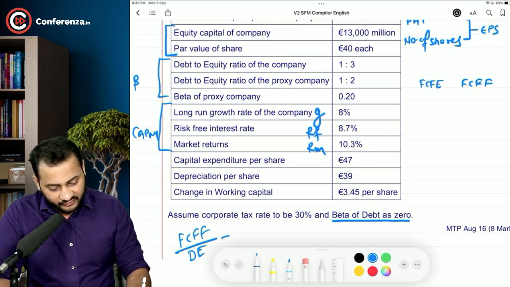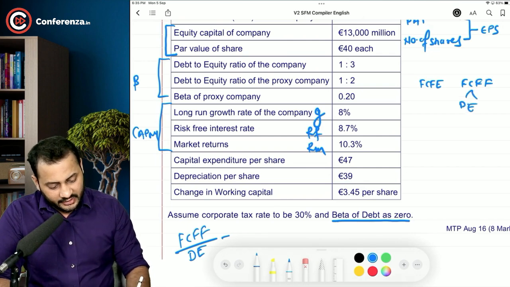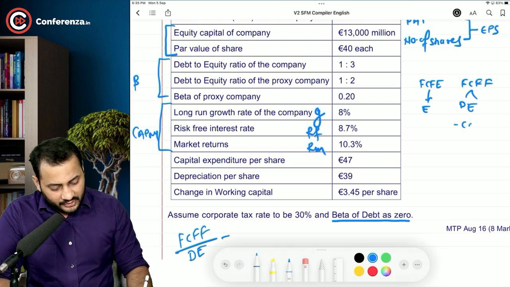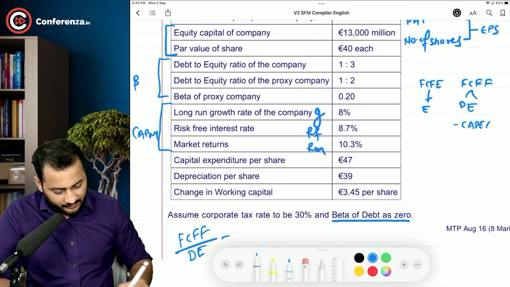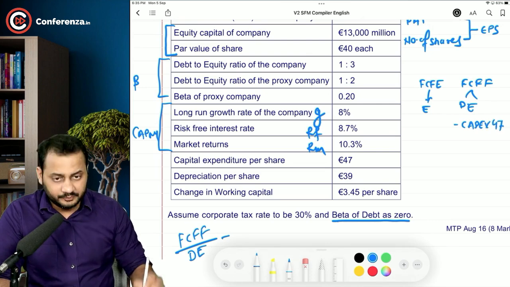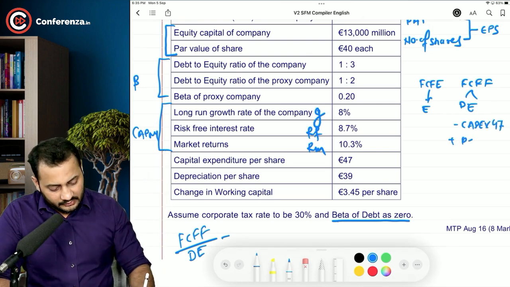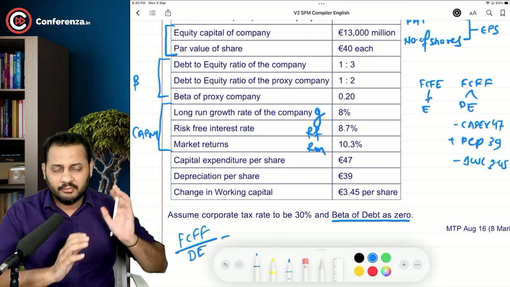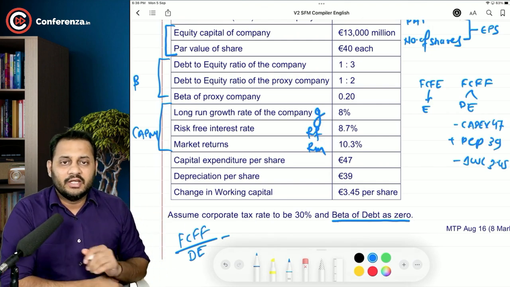FCFF included debt and equity. Now it is only equity. So in the previous question it was easy to deduct the capex, like 47, add back depreciation, and deduct change in working capital as 39 and 3.45. Do you think the exact same figures can be put here when you are taking only FCFE?